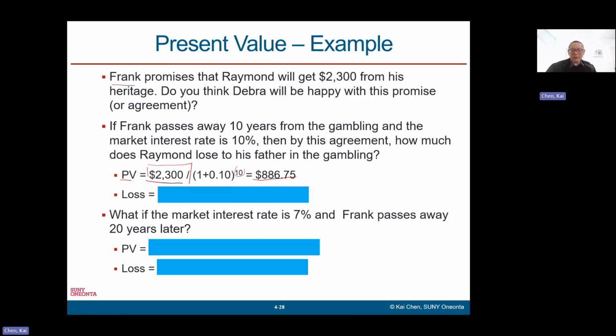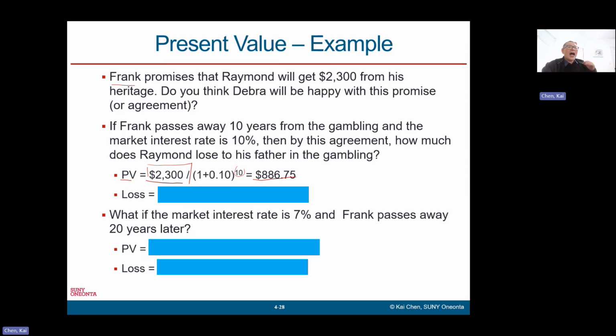After we get this number, how can we understand it? Let's say Frank knew Deborah was not happy and told Raymond: I'm going to give you $2,300 10 years from now, but in this way.